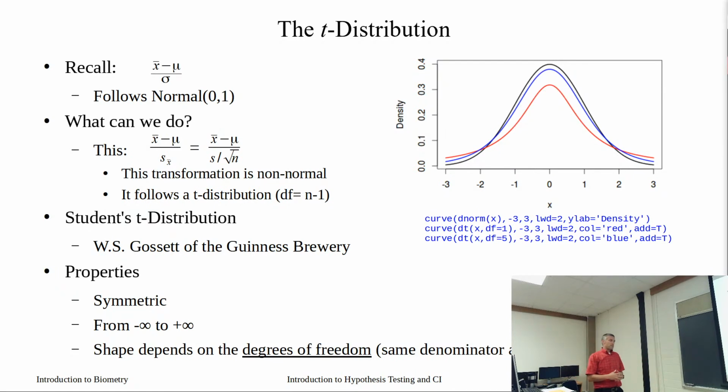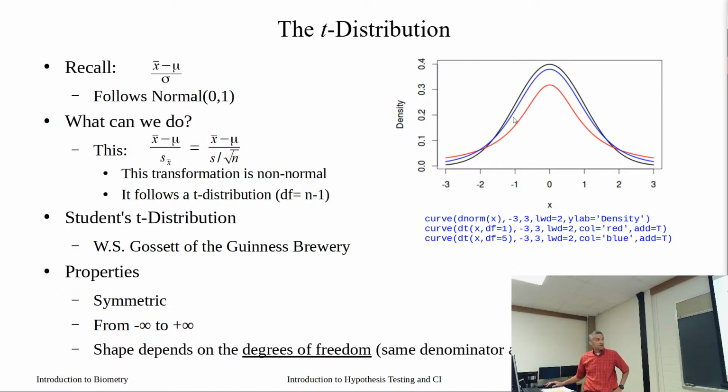Where we differ from the normal distribution is that the shape of this curve depends on the degrees of freedom. Our degrees of freedom is going to be the same as the denominator of the standard deviation, which is n-1. So we're going to lose 1 degree of freedom from our sample size. That's our degrees of freedom, sample size -1.